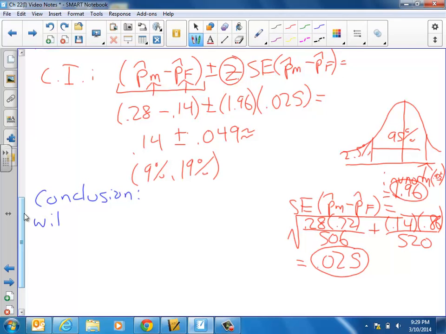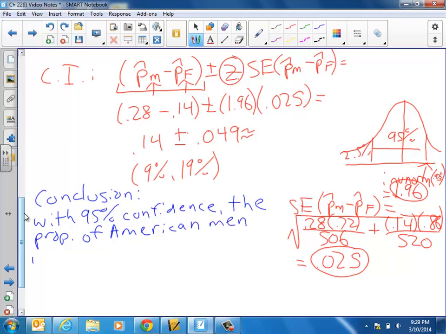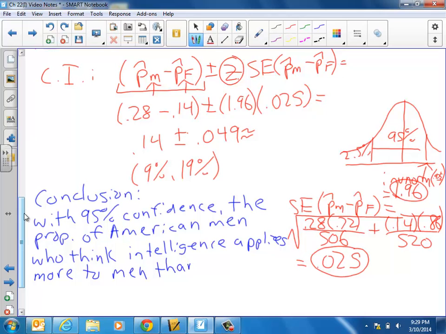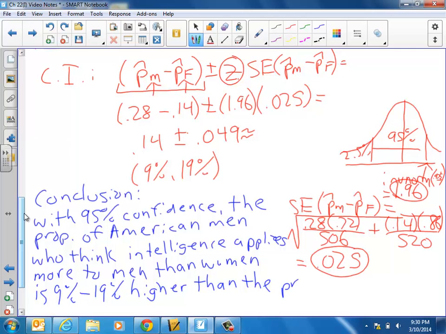With 95% confidence, the proportion, this is the true proportion, not a sample proportion, of American men who think, just at all, intelligence applies more to men than women is 9% to 19% higher than the proportion of American women who think that about men.